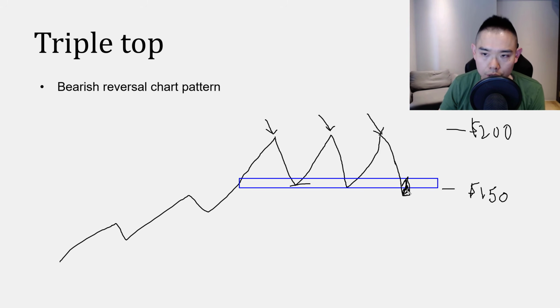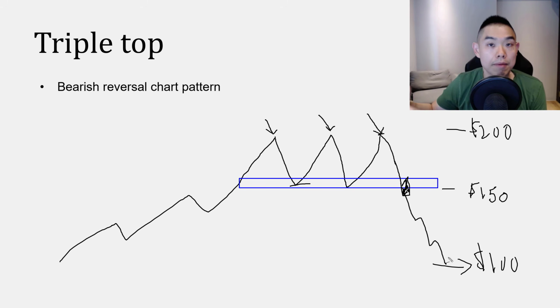Basically, you take the distance from the highs to the lows, which is $50, and you take $150 minus $50, and it's about $100. So you can say that this pattern could be complete at this $100 price point. At $100 is where you could say that buying pressure could come in to push the price up higher. That's what the chart pattern technical analysts use this price projection method for, to give them a target price.